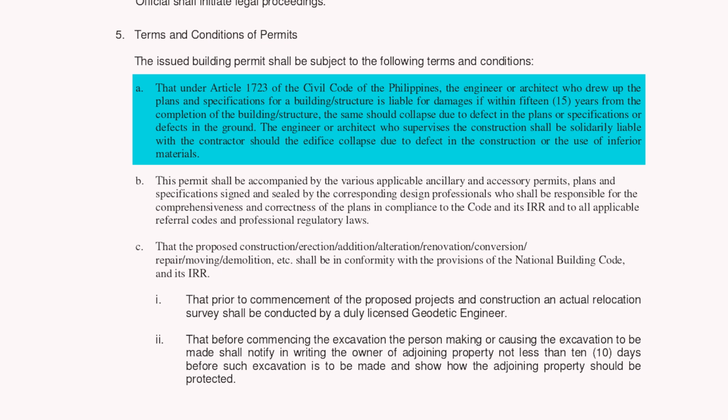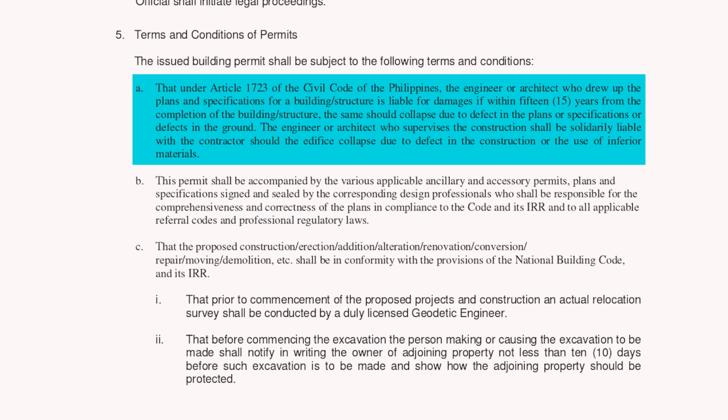Okay? Itong defect in the plans, even yung defects in the ground, what I always say about this, kasi this is a strange thing to say, defects in the ground. I think ang reason why yung mga yan is attributable pa rin sa engineer or sa architect is the ground kasi is the ground eh. It's hard to argue that the ground is defective. No? It's hard to argue na tama yung design mo, but the ground was defective so the building collapsed.